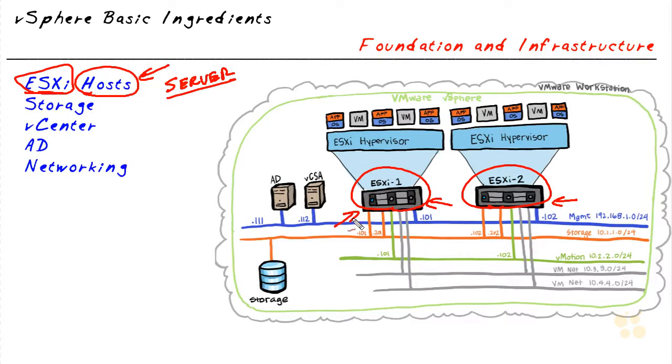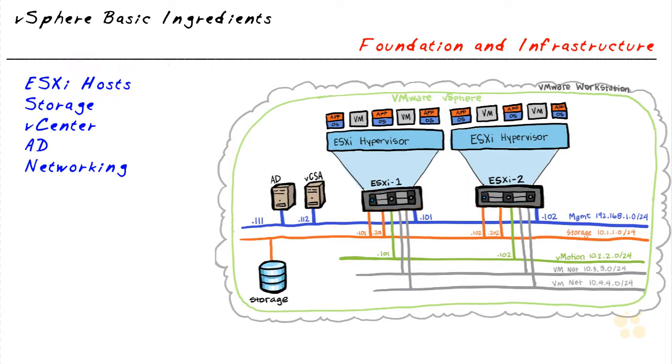But I'd like to not use the word server when we're talking about the ESXi host. By avoiding the word server when referring to the ESXi hosts, it's just going to add additional clarity that we're not talking about some virtual machine that's running a server operating system, such as Windows Server or a Linux server as part of a VM.